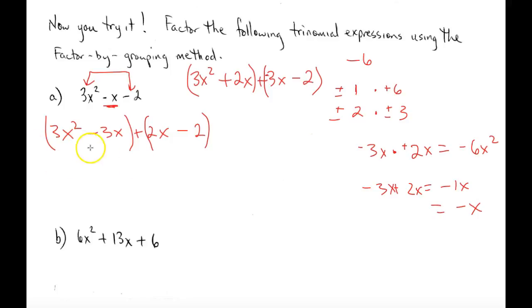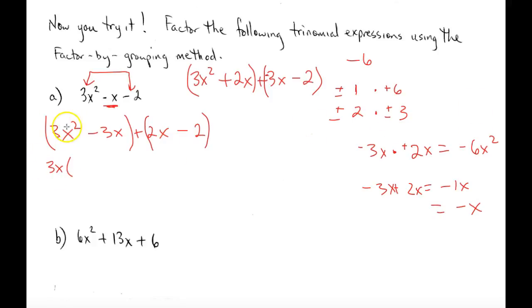All right, so now that we have that, we're going to take the greatest common factor out of each group here. So the greatest common factor out of 3x squared and 3x is just going to be 3x.